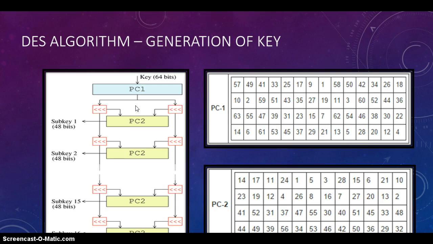These halves are going to have left shifts according to a table that says that in the first iteration we make one left shift, in the second one, third two, and so on. And after that, we are going to apply the PC2 table, this one that we have here.